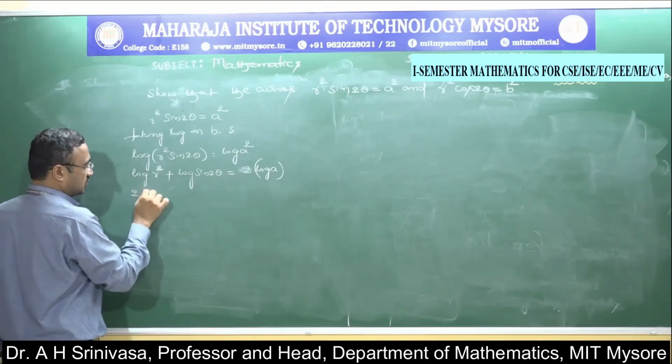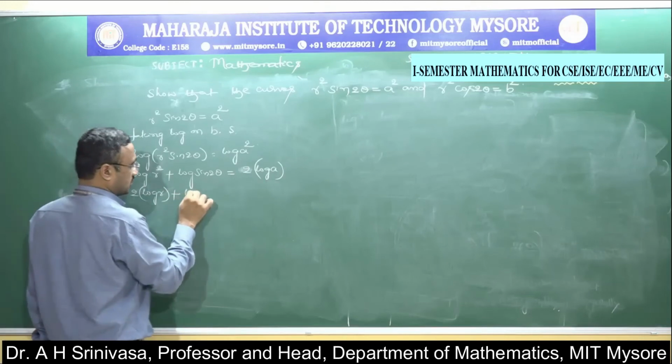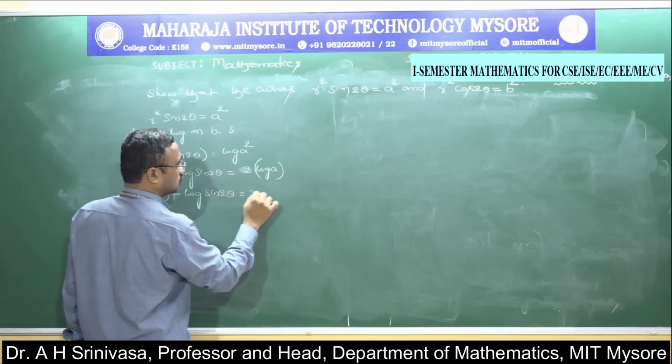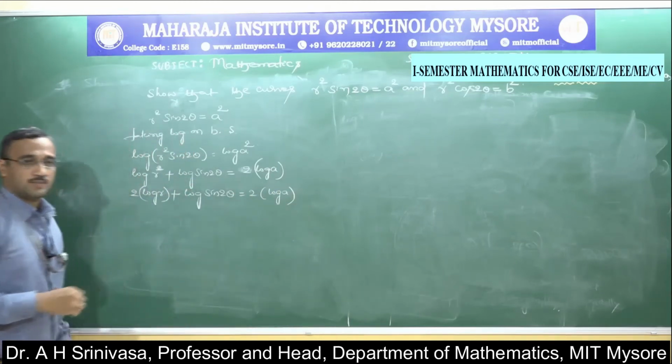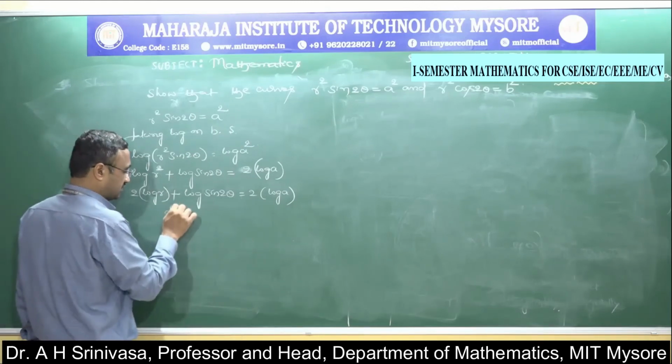Then this becomes 2 times log r plus logarithm of sin 2θ equal to 2 times log a. The powers are also reduced, then you can easily differentiate the function.